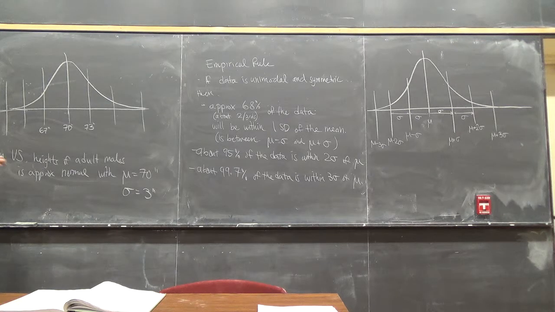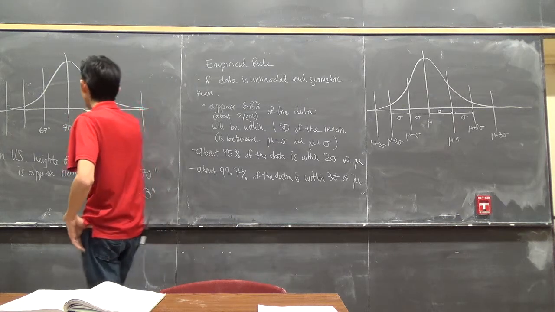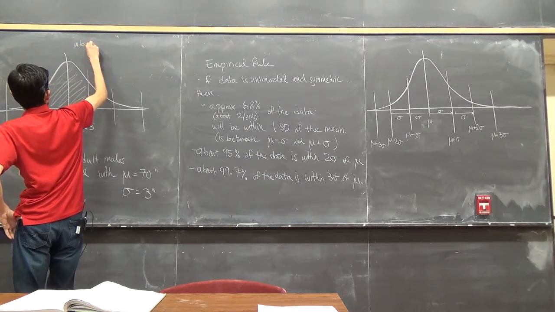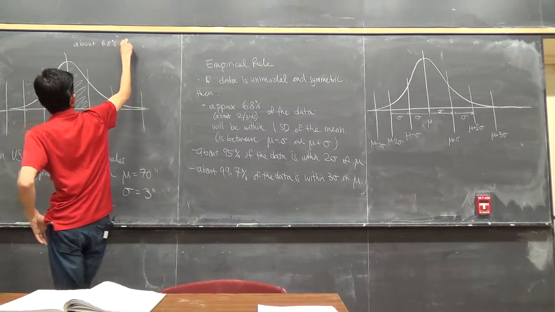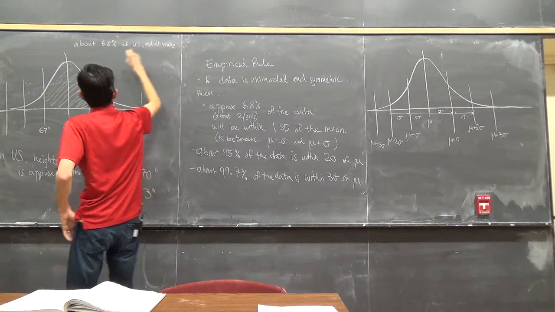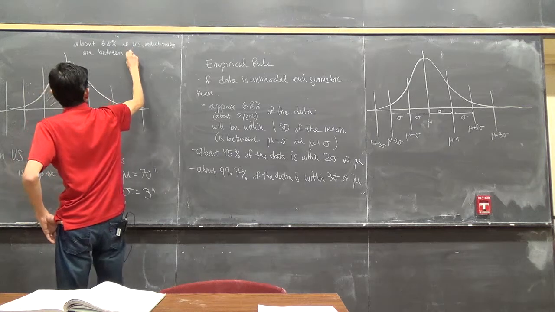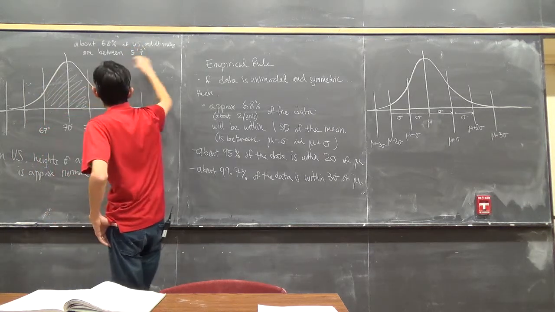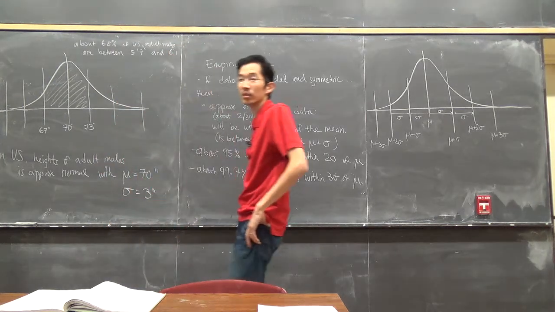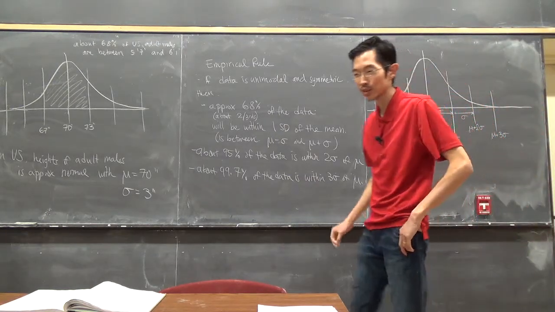And so the empirical rule says about 2/3, or about 68% of US adult males are between 5'7", 67 inches, and 6'1", 73 inches. And that seems to match our intuitive sense of heights.